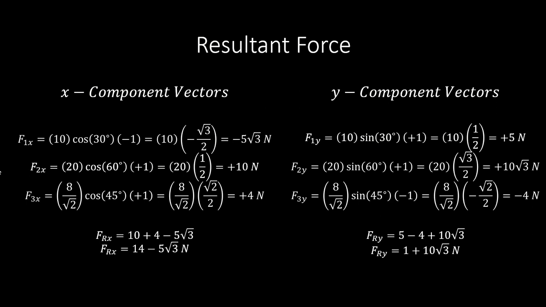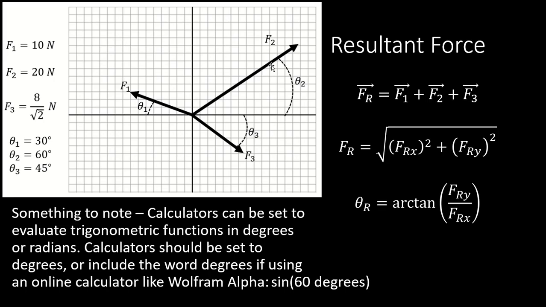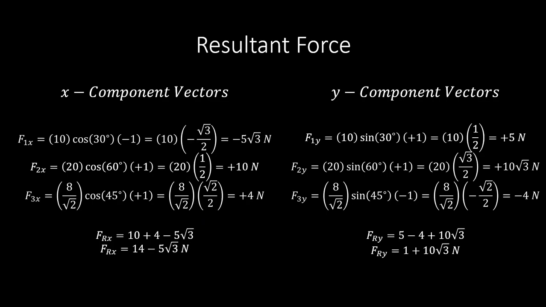The x component of force 2. This force vector has a rightward direction on the x-axis, so that would be positive 20 times cosine of 60 degrees times +1, because it points to the right, would equal +10 newtons. And then the third force has an x component that's pointed to the right, hence the +1. Its value is 8 over square root of 2.